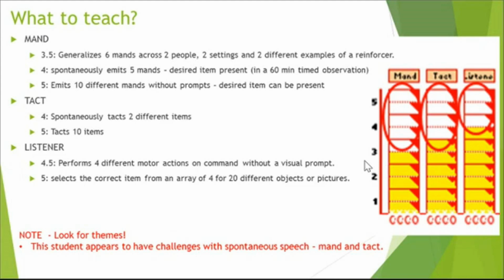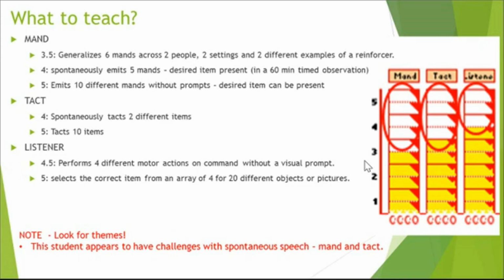So maybe they scored half a point, maybe they were only able to generalize 3 different mands. Number 4, they missed the entire chunk of number 4, the entire point, and that deals with spontaneously emitting 5 mands when the desired item can be present in a 60-minute timed observation.